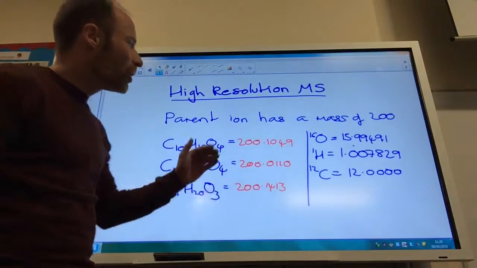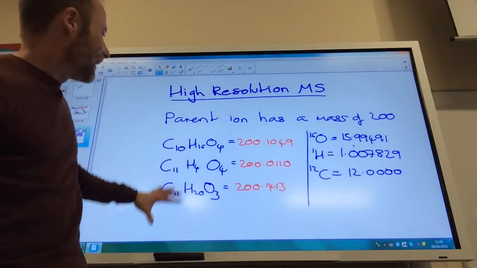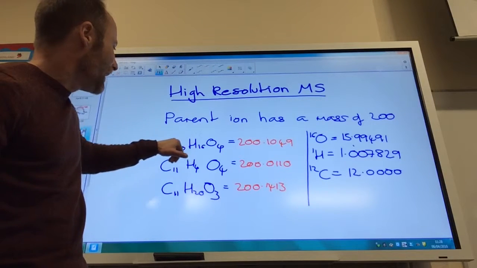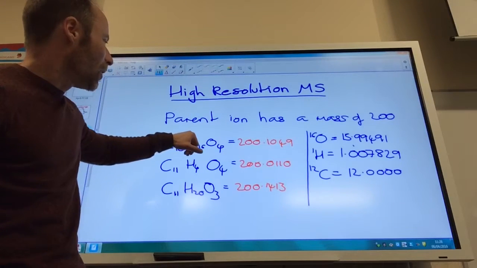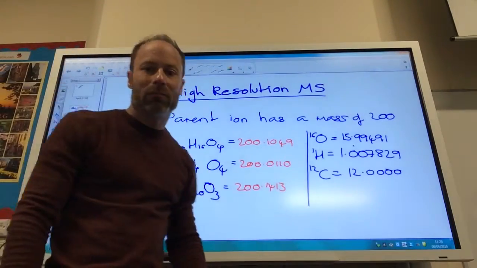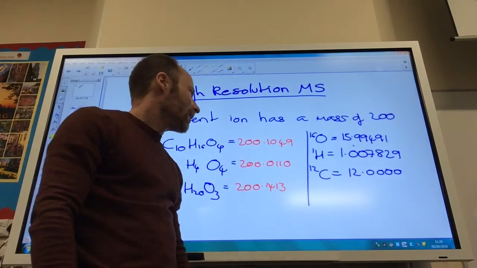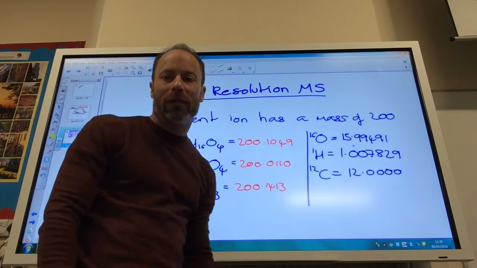If you use these numbers to add this up, assuming the molecule is made up of carbon 12, hydrogen 1, and oxygen 16, that would have a mass of 200.1049, and so on.